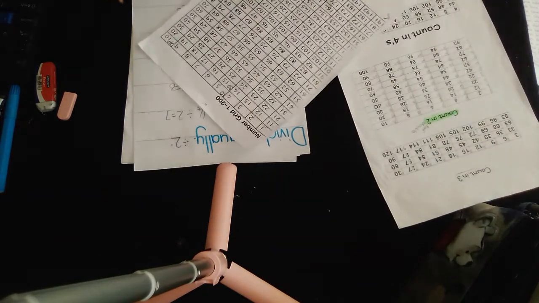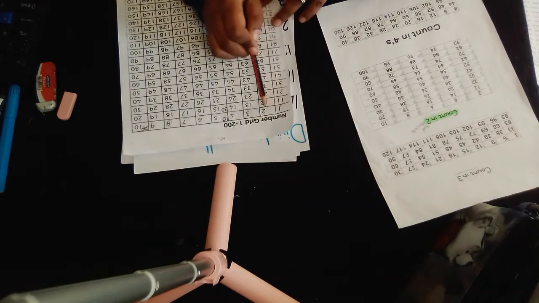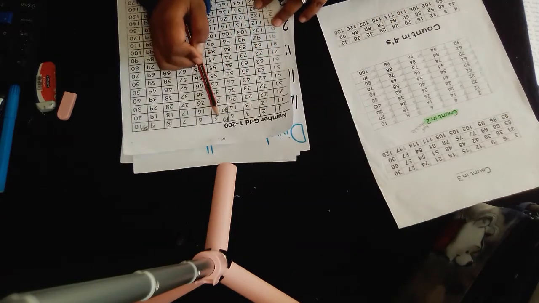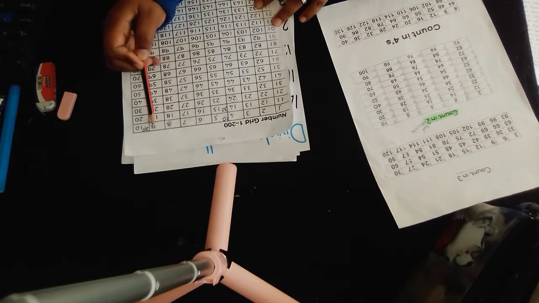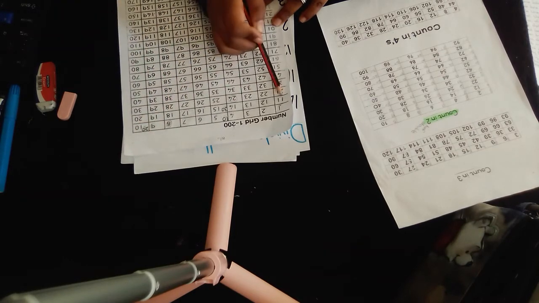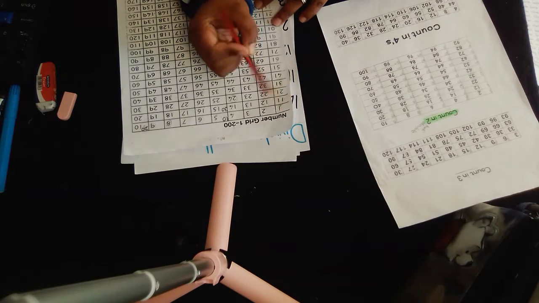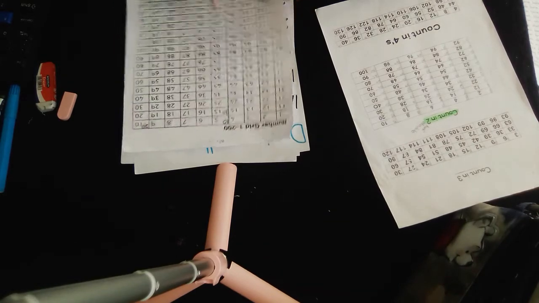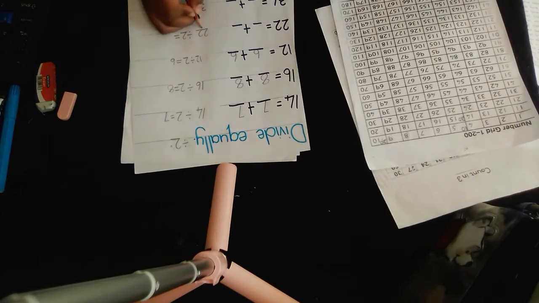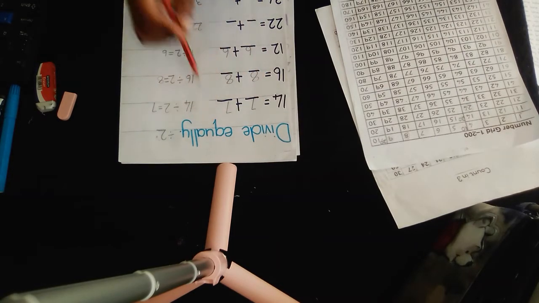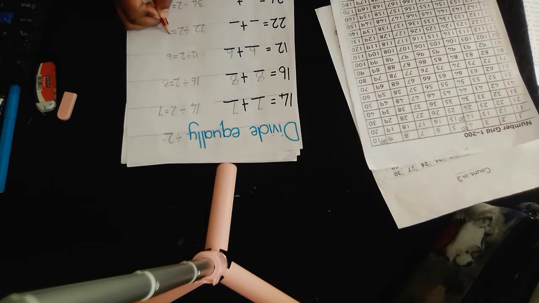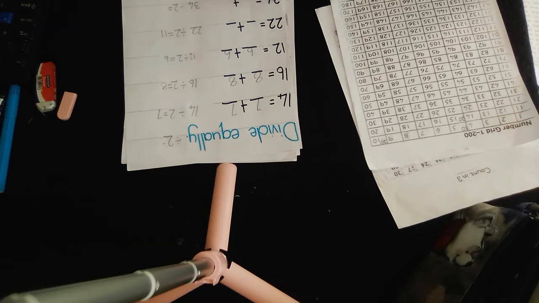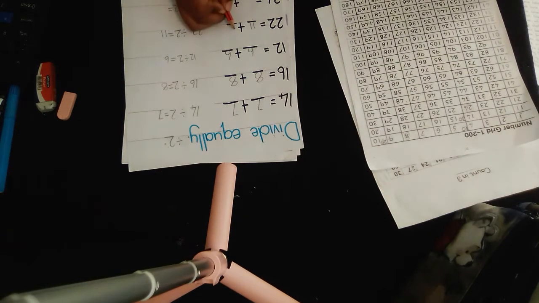Each one will get 2, 4, 6, 8, 10, 12, 14, 16, 18, 20, 22. I stopped at number 11. So 22 flowers divided by 2 people is equal to 11. That means Mommy will get 11 flowers and Grandma will get 11 flowers.